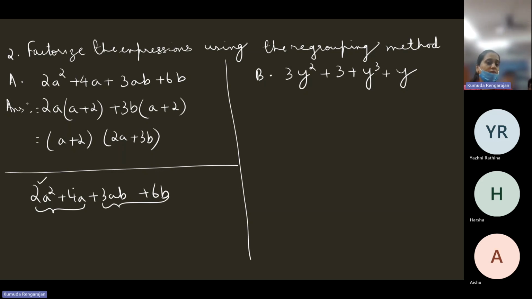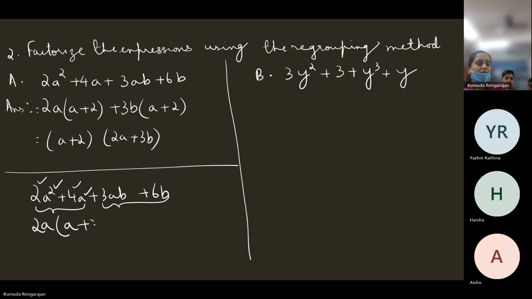What is common between 2 and 4? What's the HCF of 2 and 4? 2. What's the HCF of a square and a? a. That's the common factor. Open a bracket. Now 2a into what will give you the first term 2a square? a. Then 2a into what will give you the second term 4a? Plus 2 or minus 2?